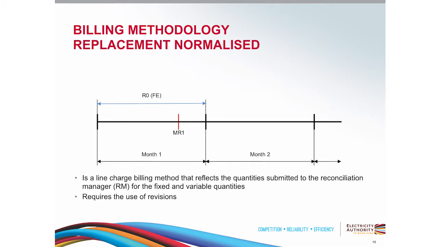If we look at the replacement normalised method of calculation, it is slightly different again, because this introduces the concept of historic and forward estimates that are used within the code in the non-half-hour profiling system. But like John was saying, it introduces the concept of revisions.